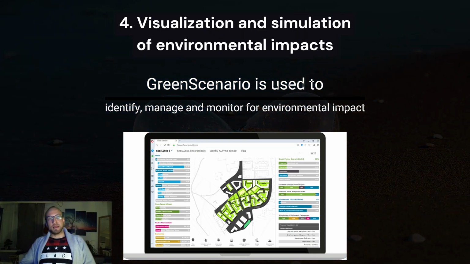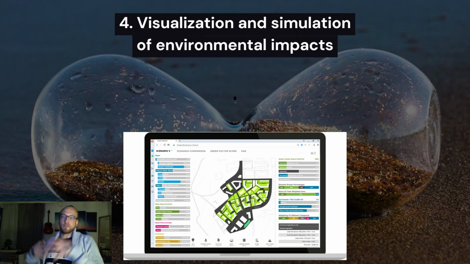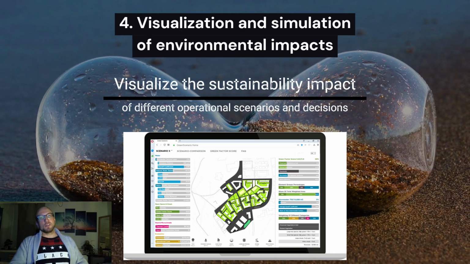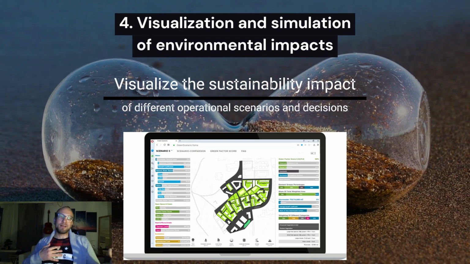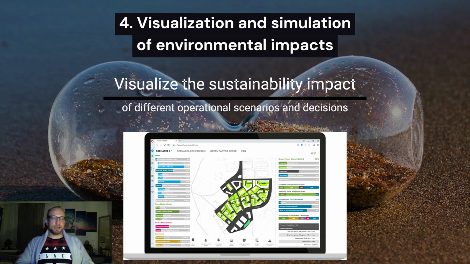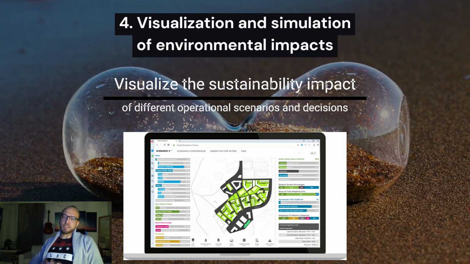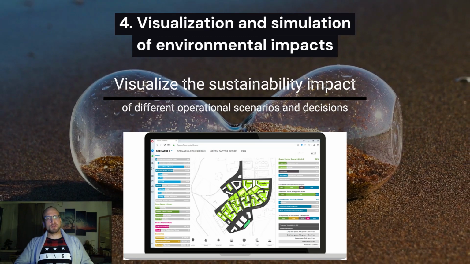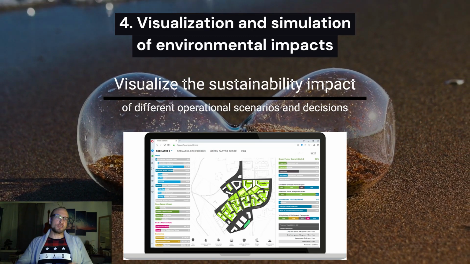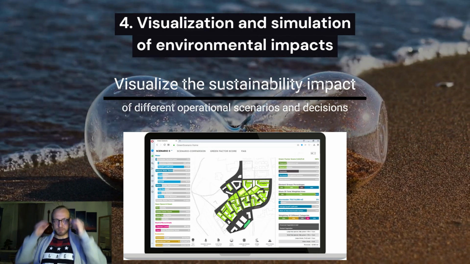So basically, they visualize the impacts of different scenarios on the environment, so users can compare and evaluate the sustainability of their decisions. And in general, it's a good toolbox if companies want to measure, monitor, and report their sustainability performance.